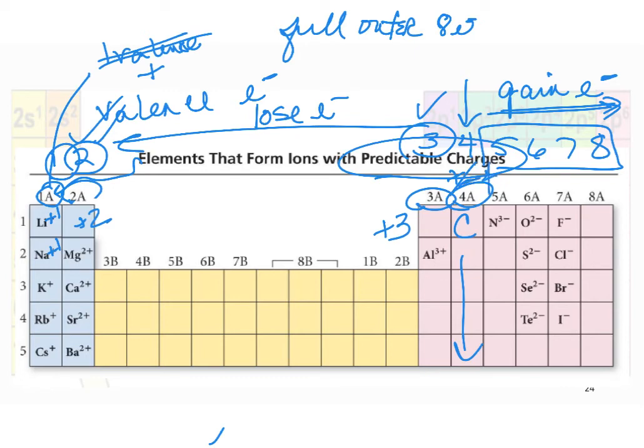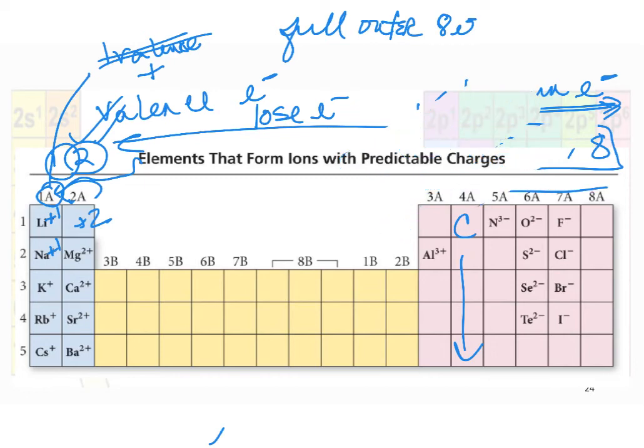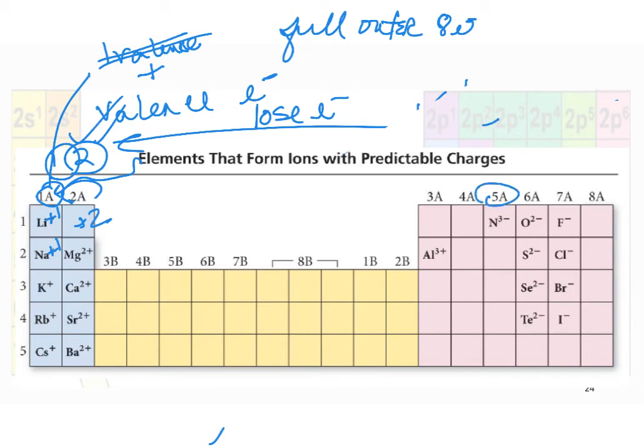Now we're at the point where we have a lot of valence electrons, more than 4, that these atoms are going to gain electrons if they become ions. So group 5A with 5 valence electrons is going to gain 3 more electrons, which gives it a total of 8 valence electrons, which is very stable. It's a full outer shell.